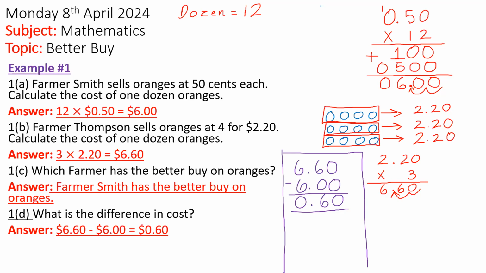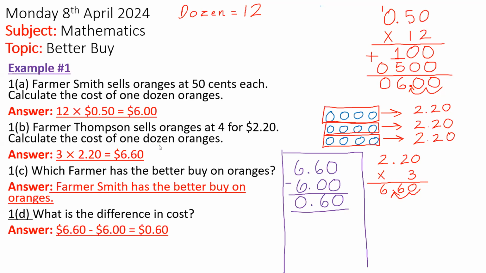Farmer Smith sells oranges at 50 cents each. Calculate the cost of 1 dozen oranges. So you multiply 12 times 0.50 equals $6. 1B, Farmer Thompson sells oranges at 4 for $2.20. Calculate the cost of 1 dozen oranges.